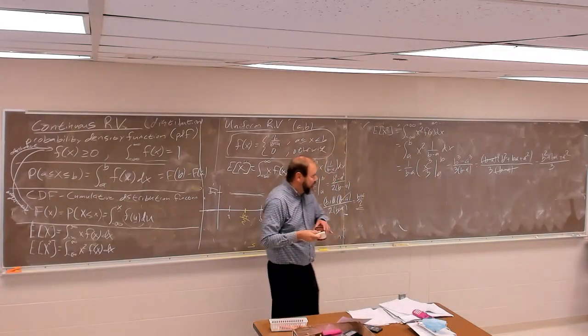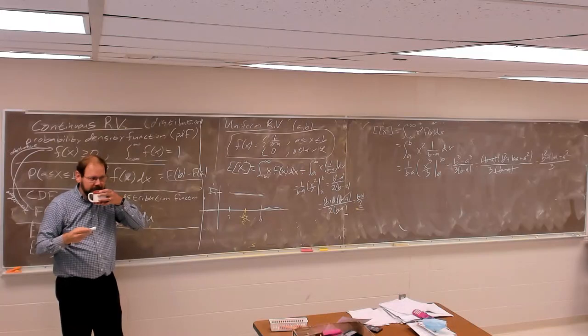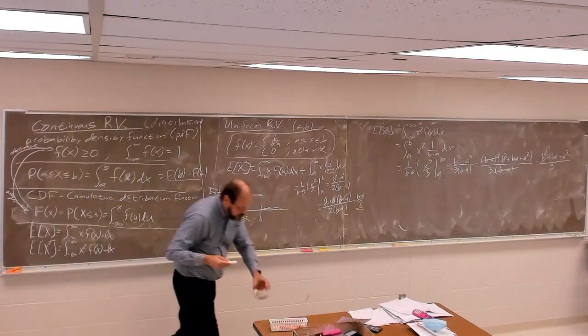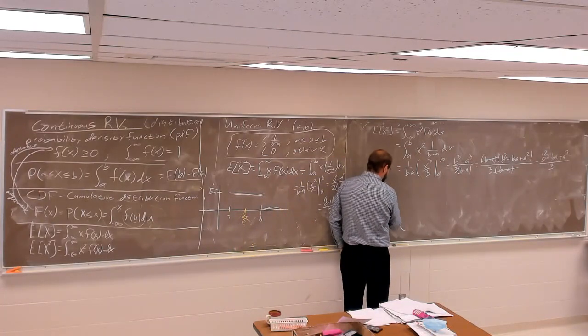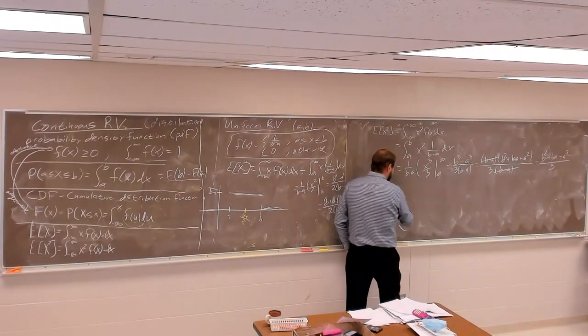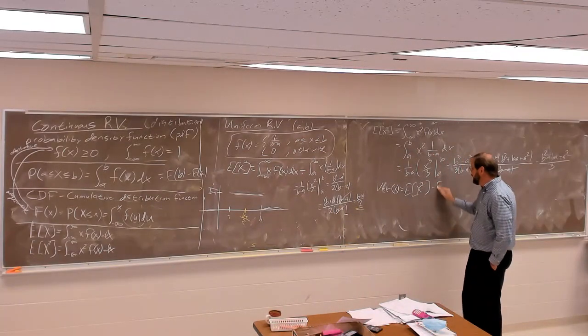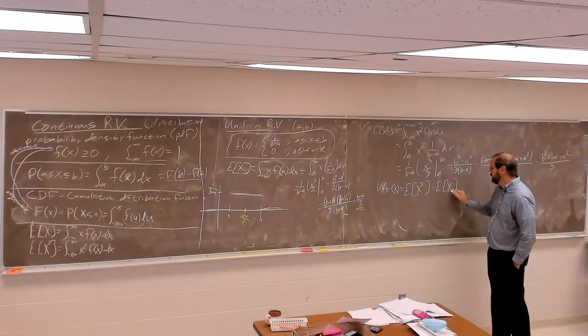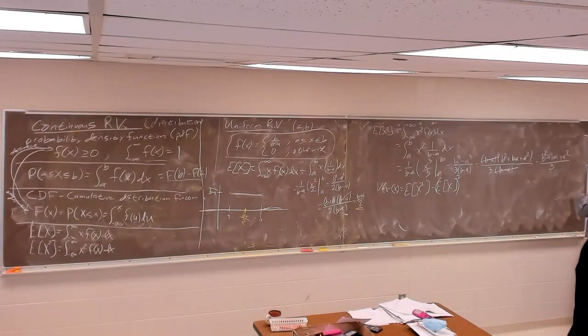Okay. So that is not the variance, right? What do I have to do to find the variance? Subtract the square of the expected value from the second moment. Yep. So the variance of x is the expected value of x squared minus the expected value of x, squared, right? And typically those two things are not going to be the same value.